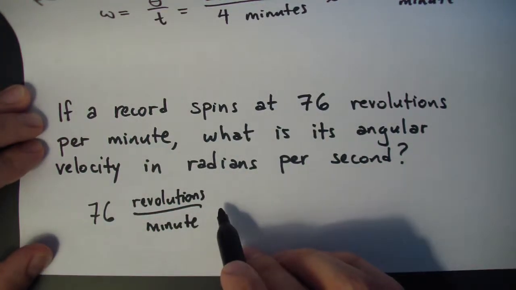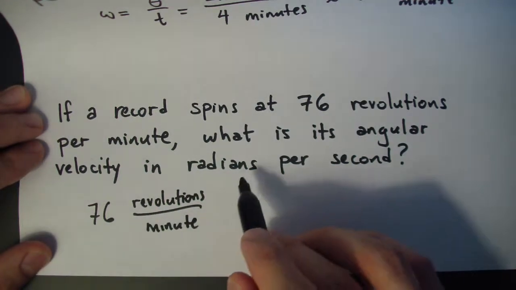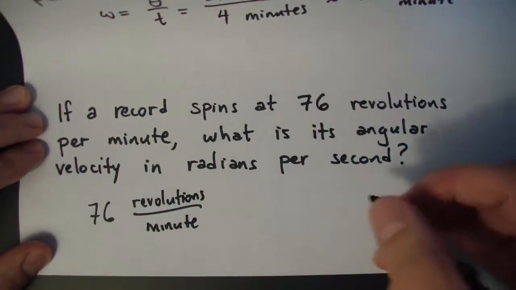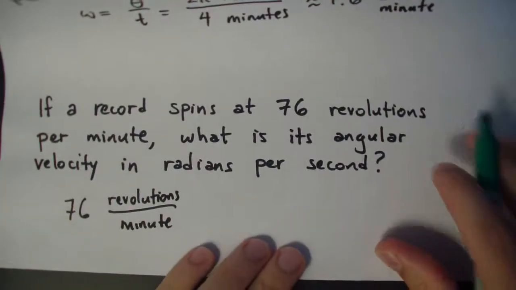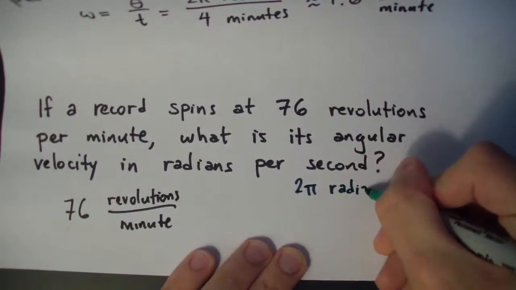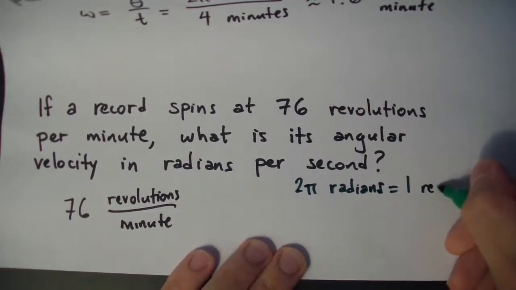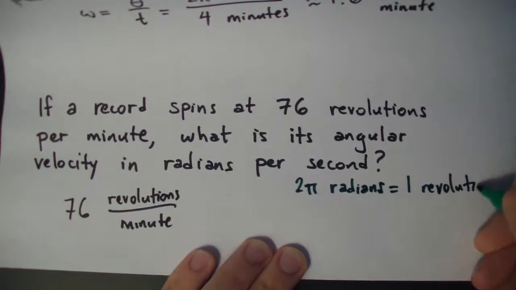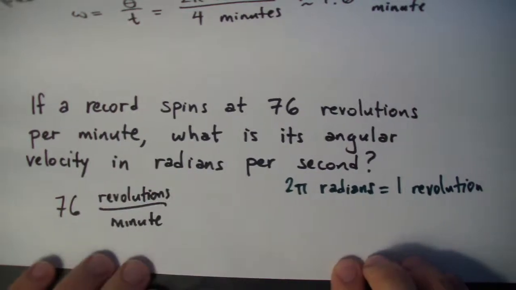So what we can do here is just think about unit conversion. We want to convert revolutions into radians. And let's just mention over here on the side, remember that 2 pi radians is equal to 1 revolution. And with that, we can make a unit conversion factor which will give us the answer.